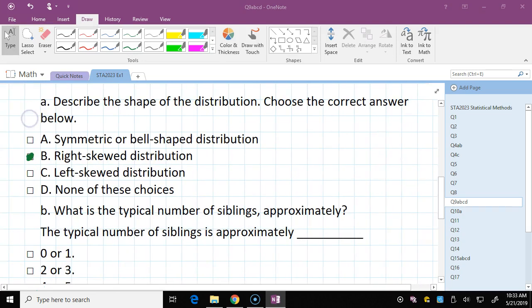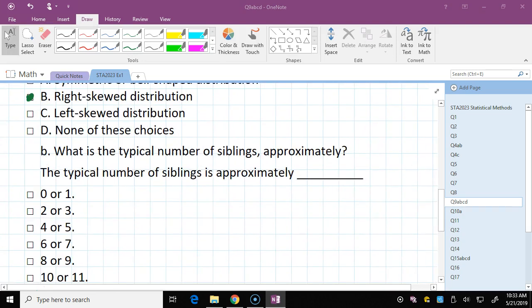Because if you look down here, 0 to 1 is one of your choices. Well, that doesn't make any sense. They're not the highest. 2 to 3, this one contains the highest, although 3 is not the second highest, but it's the closest. Because anybody after that starts going lower and lower. So it has to be 2 to 3. Make sense? Although I would have said 1 to 2. Makes a little bit more sense. But that's just me.